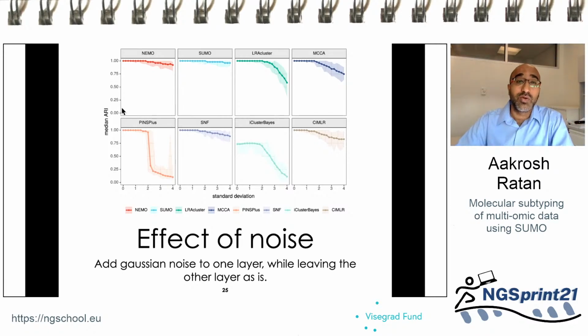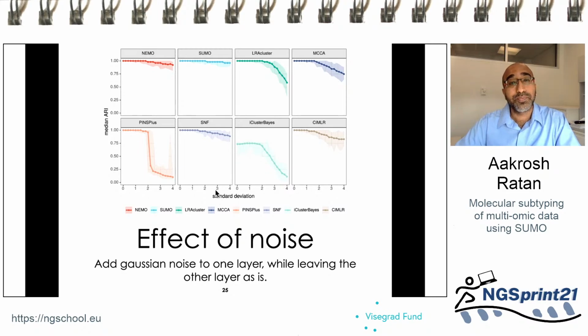The idea here is that on the y-axis you have the adjusted Rand index, which is a measure of how well your clustering did in comparison to the ground truth. On the x-axis you have increasing amounts of noise, essentially the standard deviation of the noise.